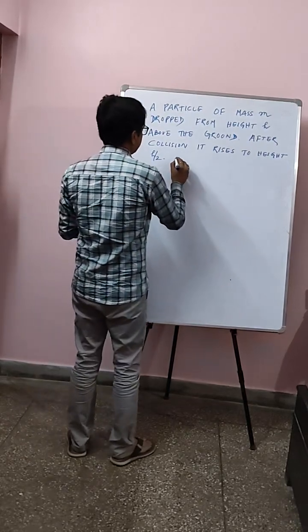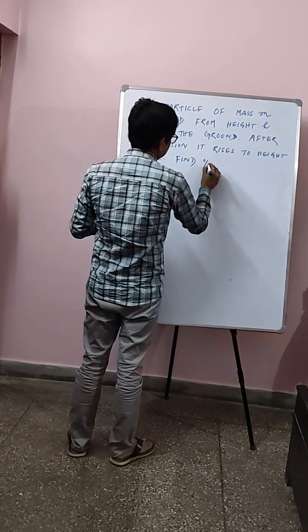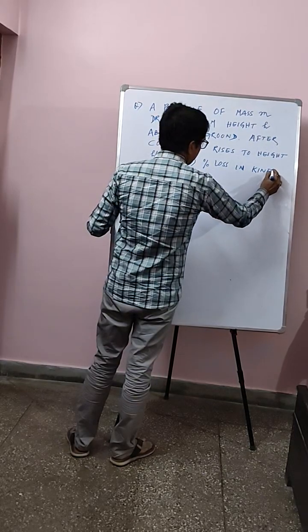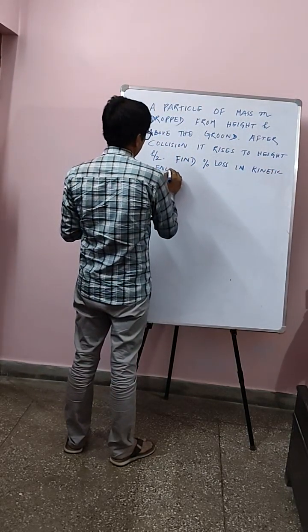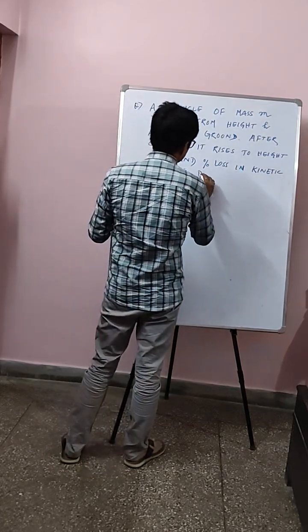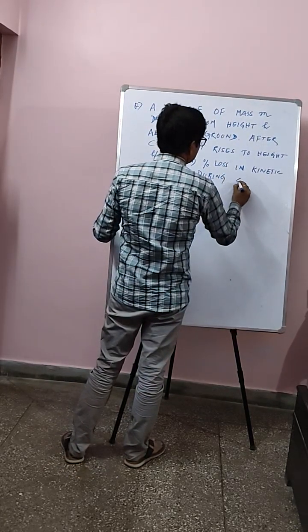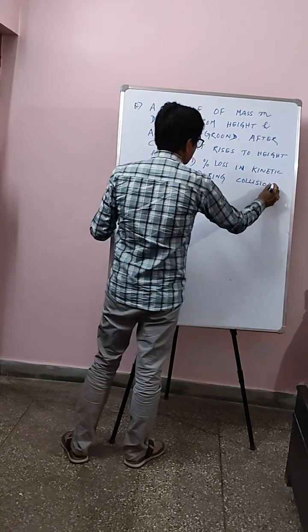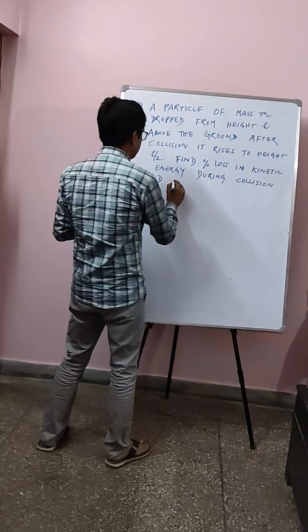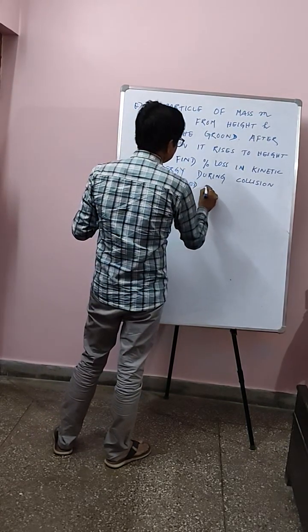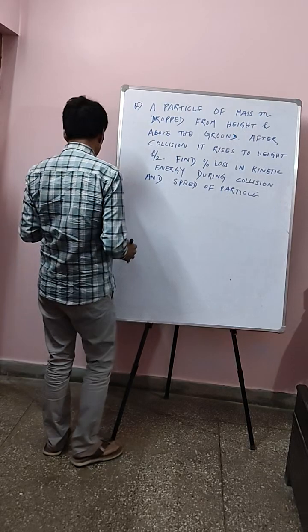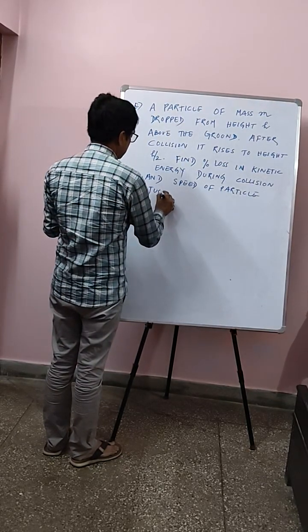So we have to find the percentage loss in kinetic energy during collision, and the speed of the particle just before collision.